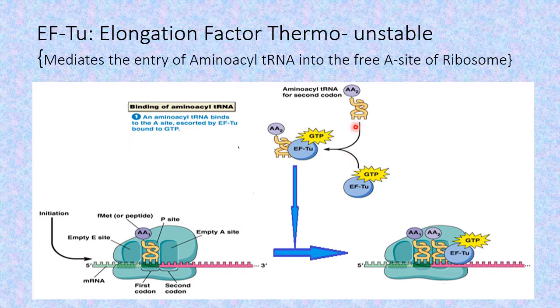It helps the entry of this charged transfer RNA along with its respective amino acid to come and occupy the empty A site in the initiation complex. So with the help of this elongation factor Tu, this transfer RNA binds, it forms hydrogen bonds with the codon present on the A site.